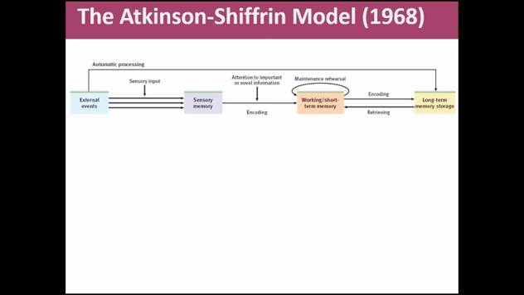Okay. We're going to use this model as our basic model for memory. It was invented in 1968 by Atkinson-Shiffrin, a team of researchers, and notice the year, 1968. They were heavily influenced by the advent of the computer.